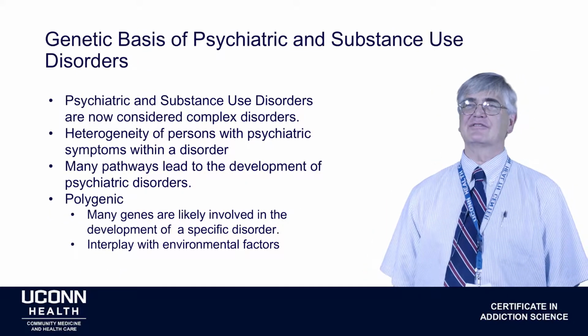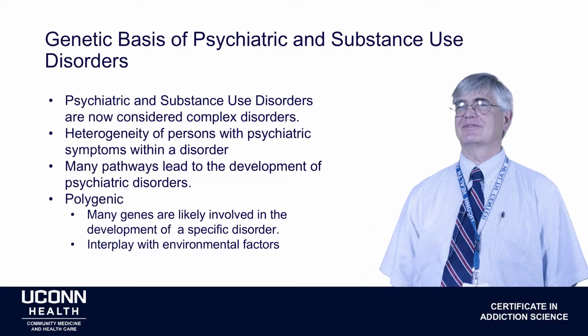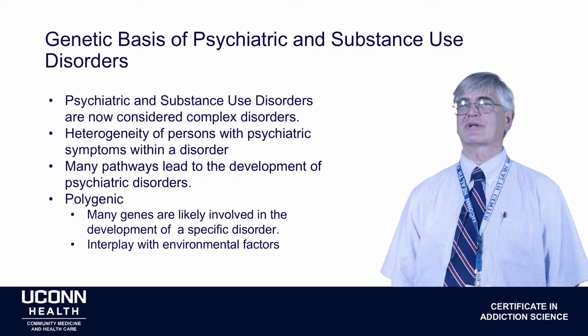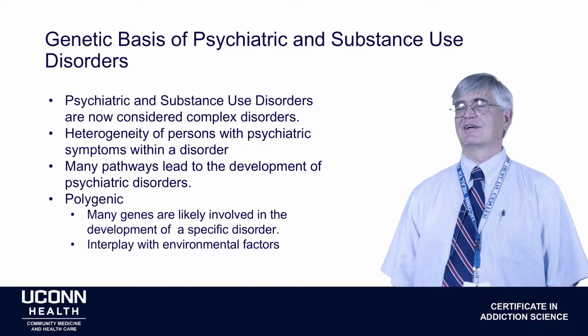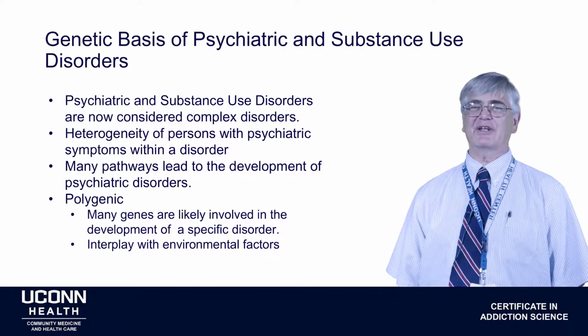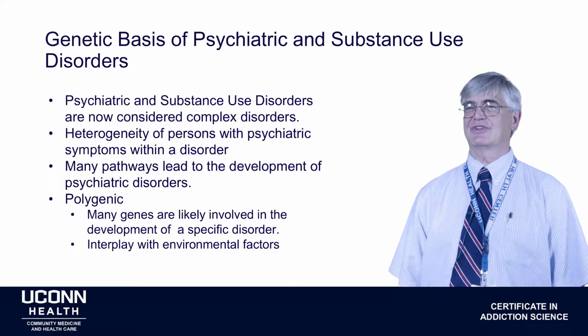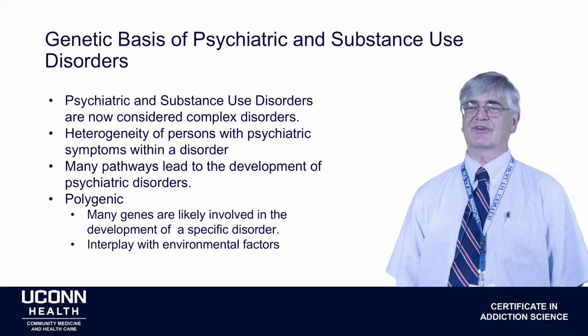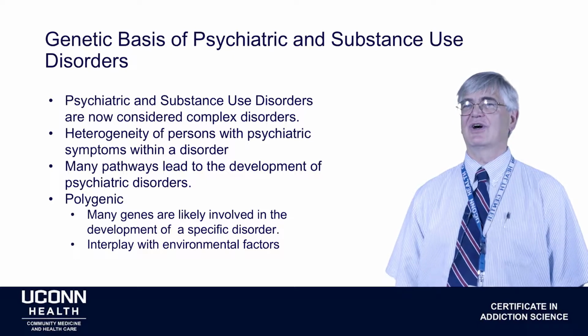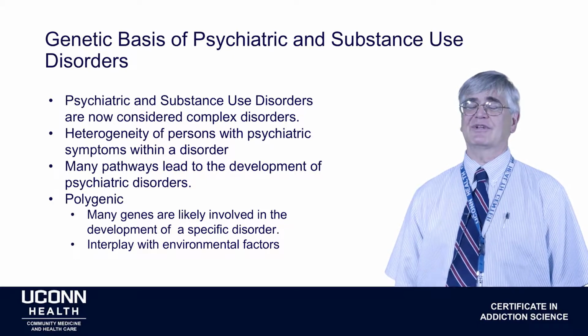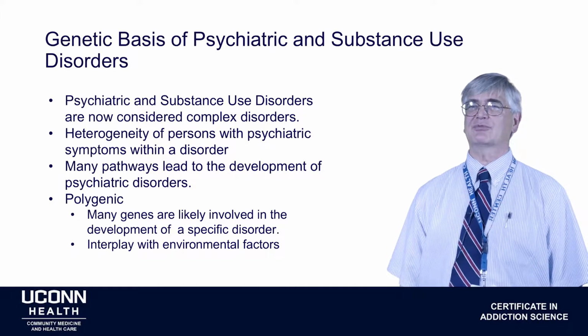Currently, we think of substance use disorders really as a complex disorder or as a complex trait. And by that, what we mean is there are many pathways into the disorder. It could be from stress, it could be from other environmental influences, or it could be a genetic predisposition.